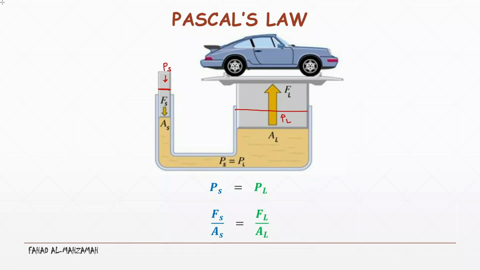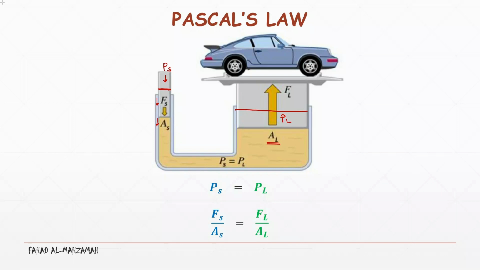What can you get from this formula? It means that if you apply a small amount of force on this very small area, and suppose that the other area is, for example, 10 times greater than the small area, so it will generate a 10 times greater force than the initial force.